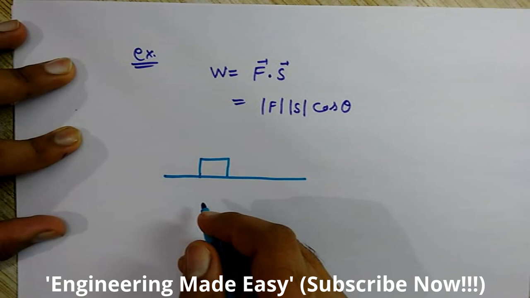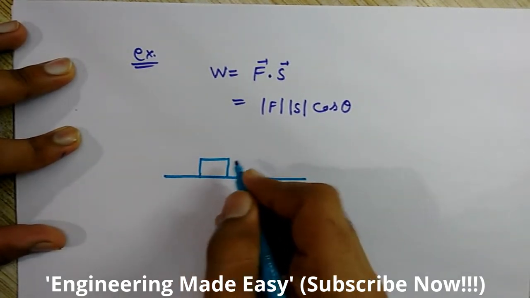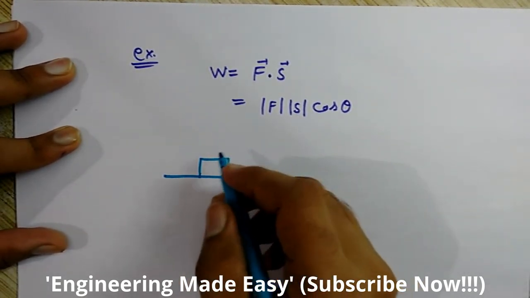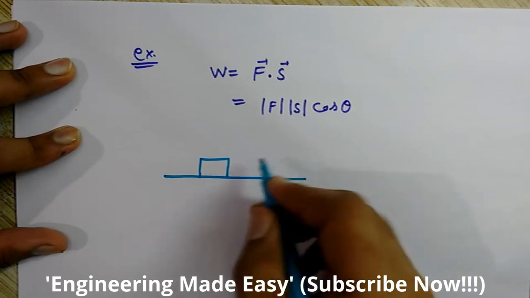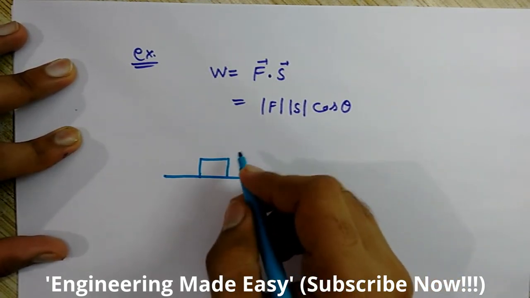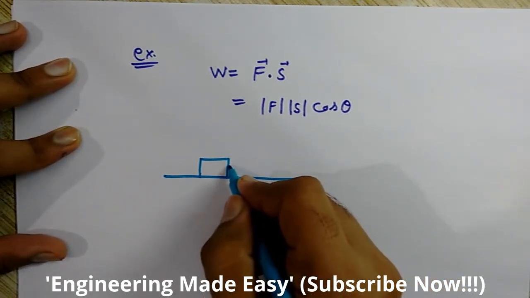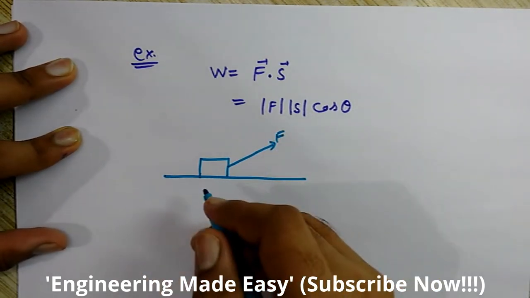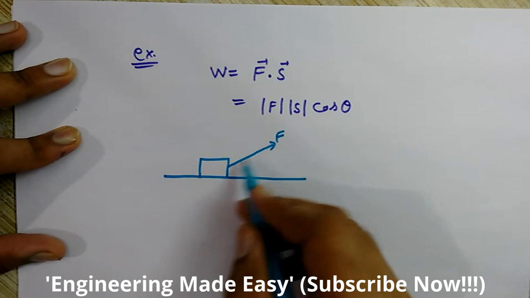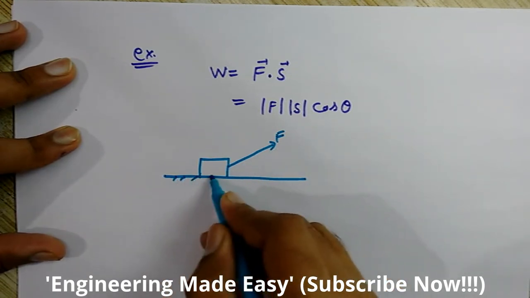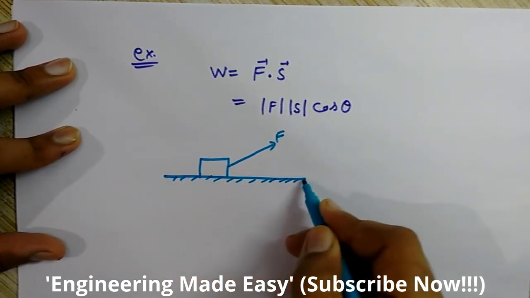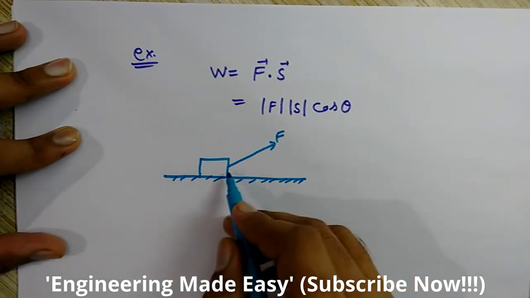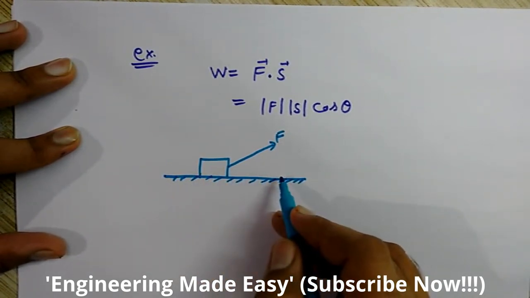If this is a box, simply a box, and I want to slide it forward, then I apply a force F in this direction, and this is the earth, the ground, so it will slide in this direction.